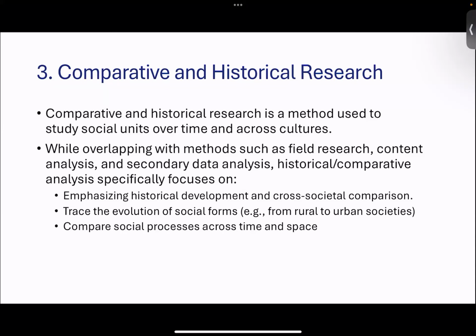And we can trace the evolution of these social forms from rural to urban society, or from the pre-Hanliu to the current social media Hanliu, or Hanliu 2.0. Okay, we can compare the whole process across different time periods, across different spaces. You can also compare how the Hanliu was happening in the West compared to the East. We can cross space as well.